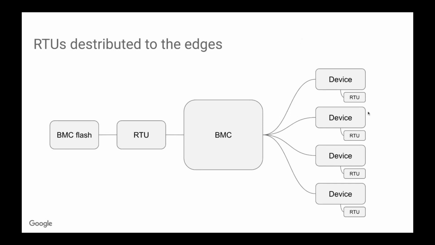So we've seen architectures where the machine looks something like this, where you have lots of devices. Each of them has its own RTU because they have their own distinct flash chips, and the RTU guards the flash chip. The BMC has its own flash chip, and ergo has its own RTU. So we have RTUs all over the place. They're distributed here, but they don't need to be.